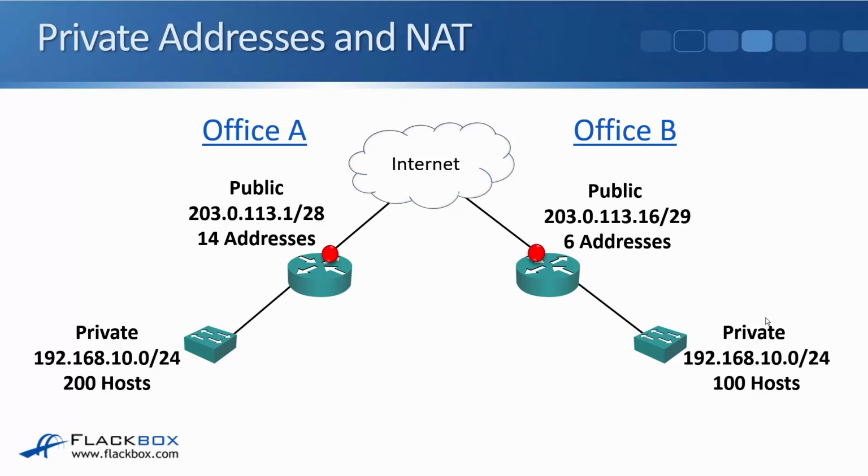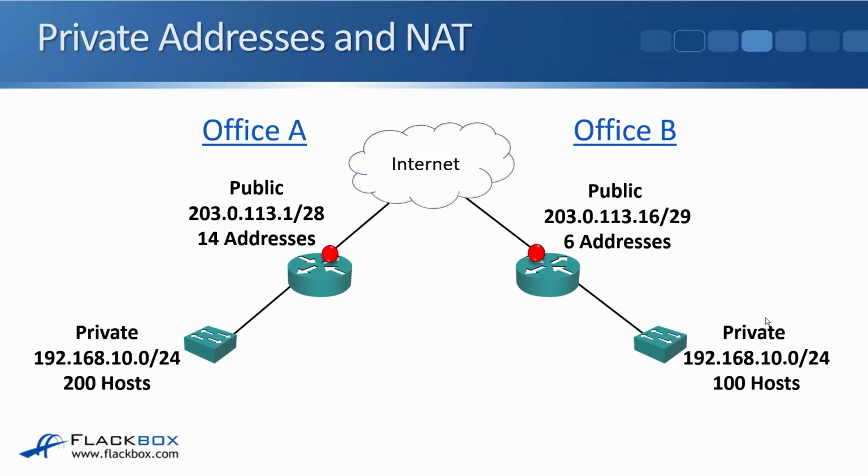You can also see that the companies are reusing public IP addresses here as well. Company A, Office A, they've got 200 hosts on the inside, but they've only got 14 public addresses. That's the range 203.0.113.1/28. Company B, they've only got 6 addresses, 203.0.113.16/29, but they've got 100 hosts on the inside.